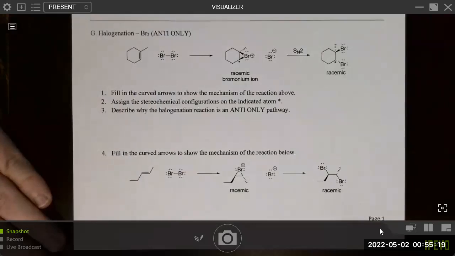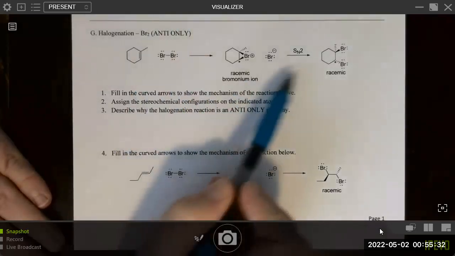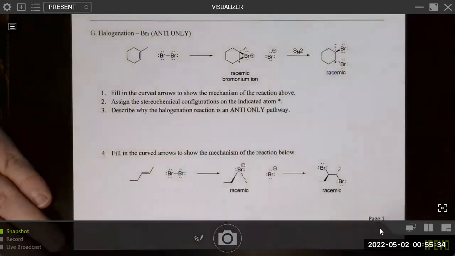Of course, sometimes you might have 0 stereocenters, in which case stereoselectivity doesn't matter. If you have 1 stereocenter, you'll always get a racemic mixture. So when we talk about this anti-selectivity, it's referring to the formation of 2 new stereocenters. Specifically, one of the groups gets added to one side of the pi bond and the other group gets added to the other side of the pi bond.